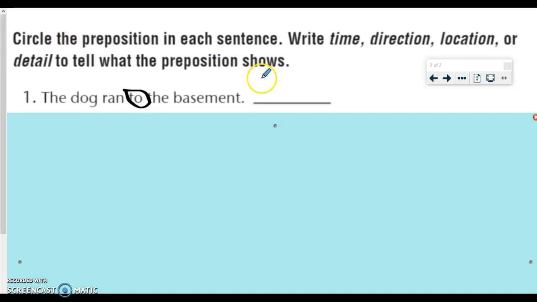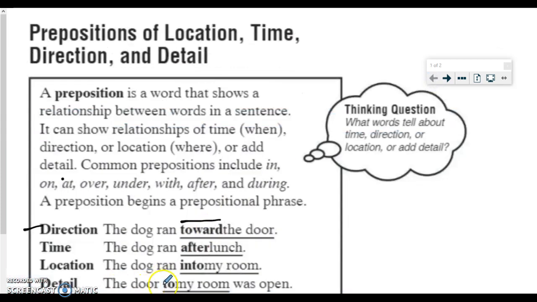I'm hoping you would put location on this one because the basement is a location. Just like if I said the dog ran to my room, that would be another location. This one right here, the door to my room was open. That's not a location. That's just giving you a detail about his door.